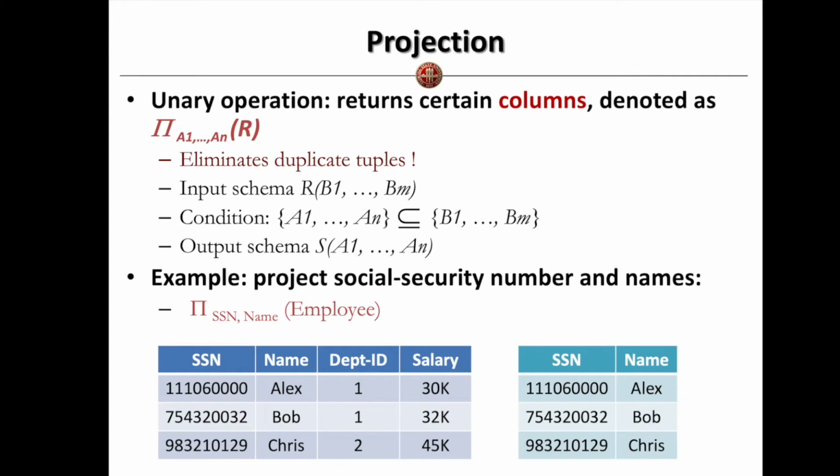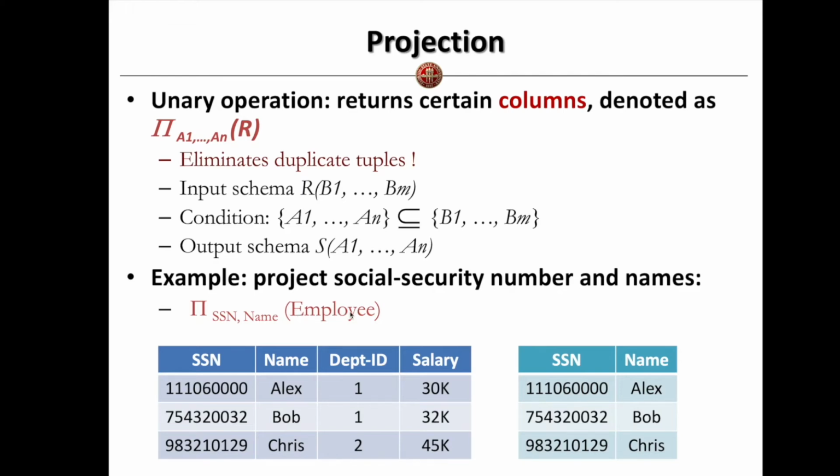If so, we can represent this operation by its projection, this pi with SSN and name denoting the target attribute we plan to get as the subscript. So pi subscript SSN, comma, name, there are 2 attributes we plan to get, and we are working on the employee, this relation, right?